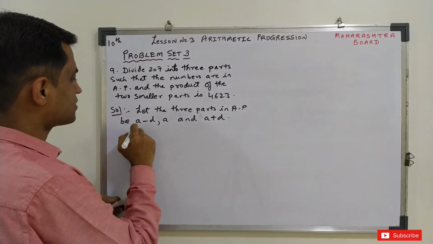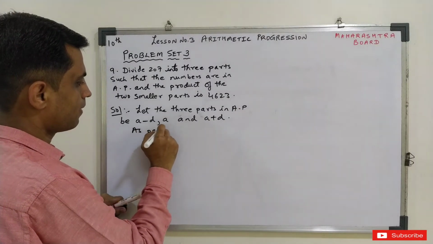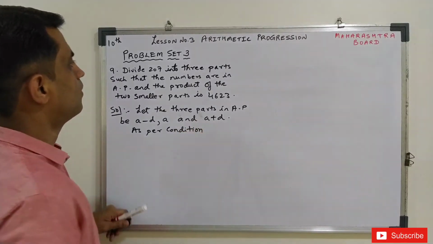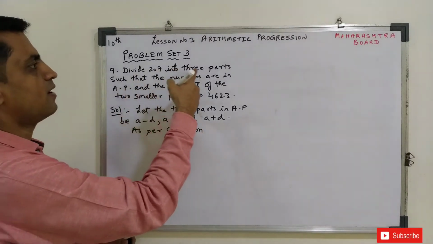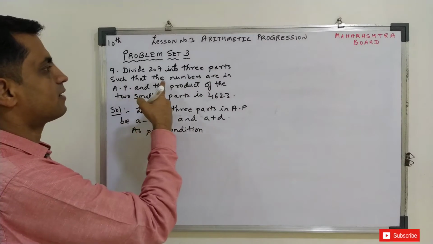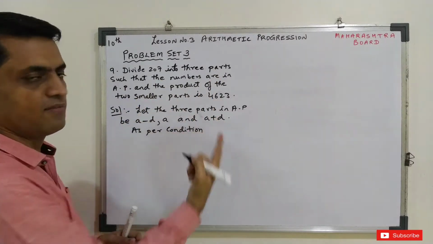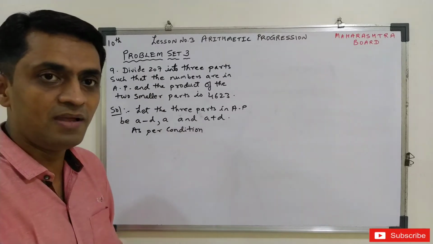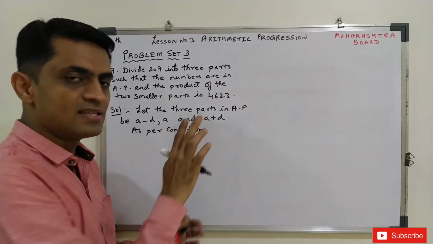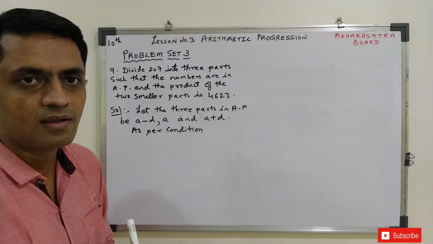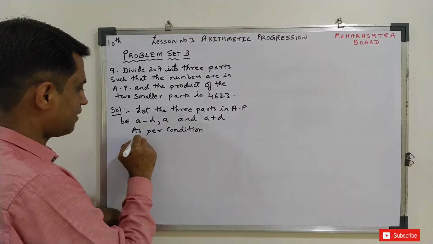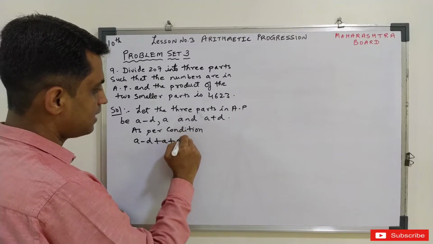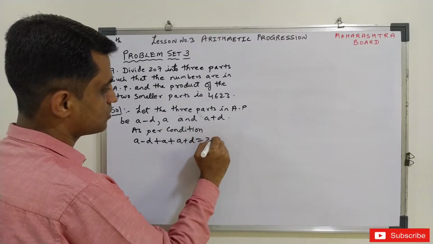Now, as per the condition, they told divide 207 into 3 parts such that the numbers are in AP. So that we did. Now we are dividing 207 into 3 parts. It means that the total of all these 3 parts is 207. So we will add it: a minus d plus a plus a plus d. This total is 207.